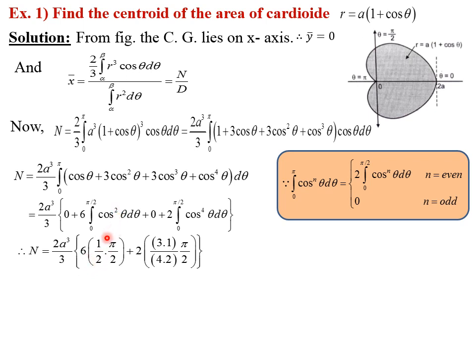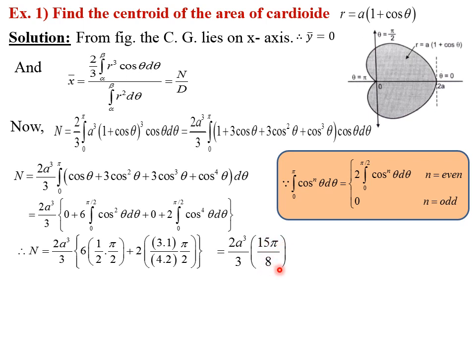Now 2 minus 1, that is 1, divided by 2. So we are applying the formula n minus 1 upon n into the multiplier, as n is an even integer, multiplier is pi by 2, plus 2 times 4 minus 1, that is 3 into 1 divided by 4 into 2, again multiplier is pi by 2, and with the simple calculation we are getting it as 2a cube upon 3 into 15 pi upon 8.